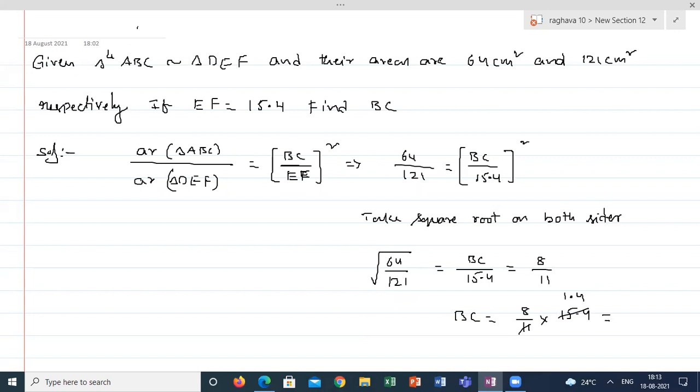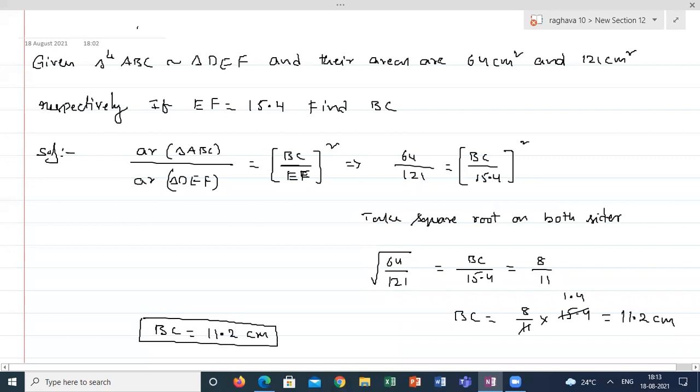So what is the final answer? 11.2 centimeter. So the conclusion is BC is 11.2 centimeter. Clear? Hope you are clear. Yes, sir.